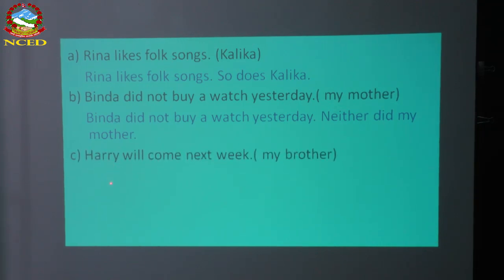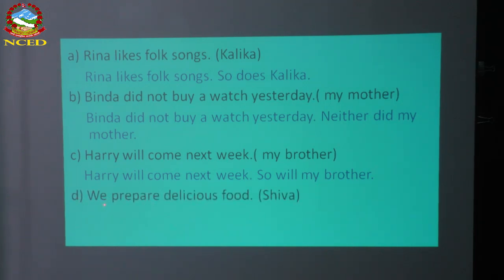Number C, Harry will come next week, my brother. So what should be there? Harry will come next week, so will my brother. Because it is positive statement, will repeated auxiliary, my brother noun phrase. Number D, we prepare delicious food, Shiva. We prepare delicious food, so does Shiva.